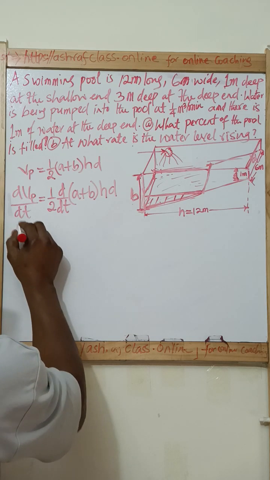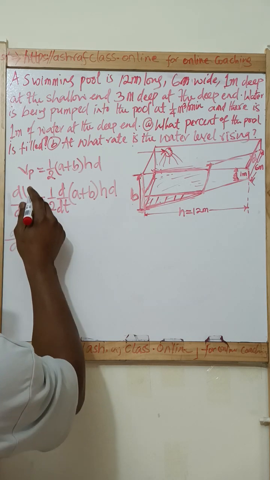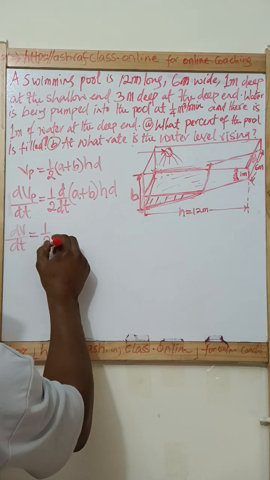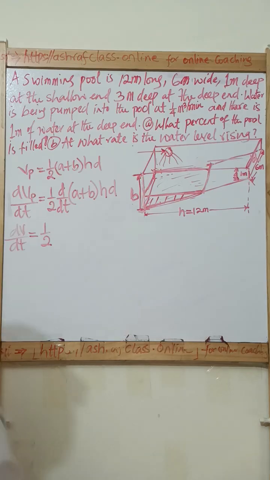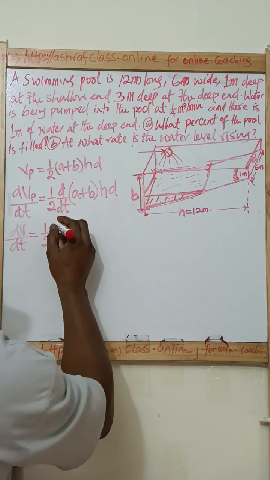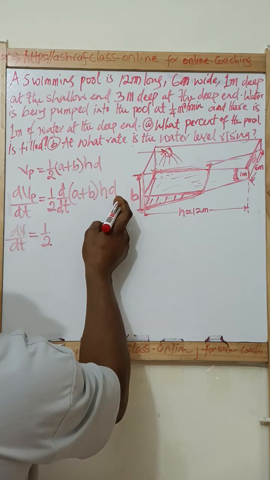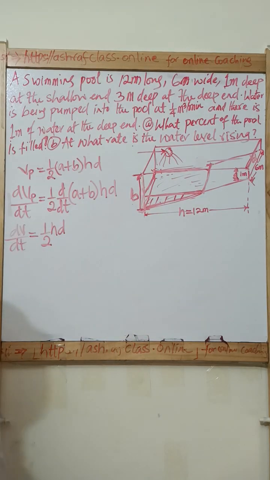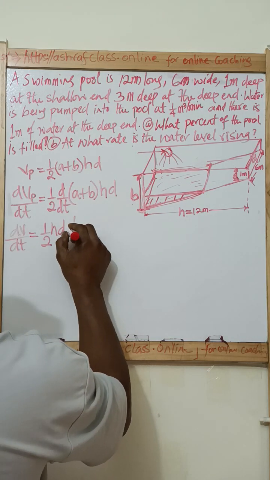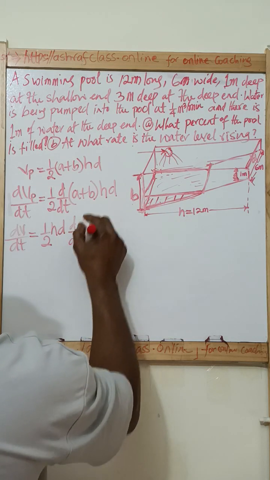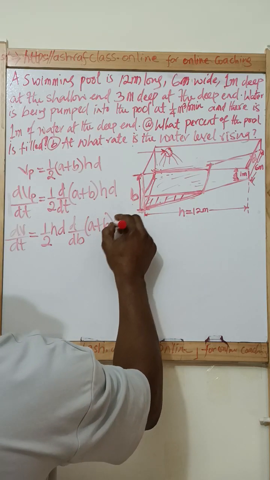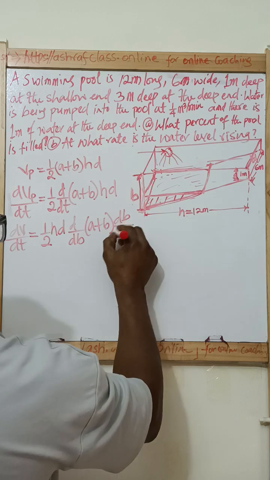This is dVP/dt, which is going to be 1 over 2. Now d/dt of this one, these guys are constants, so H and D will all be outside, right? Then d/dt of A plus B, right? Then dB/dt.